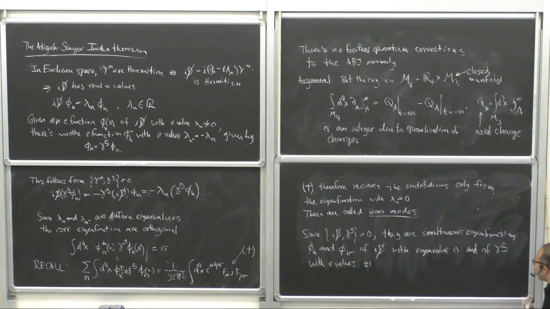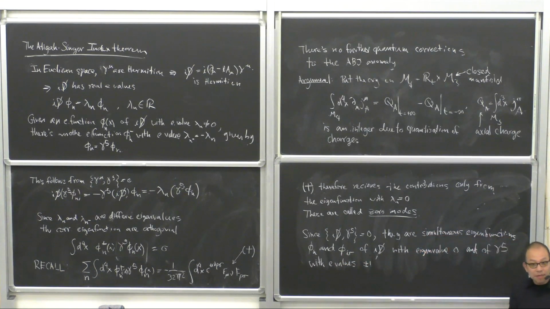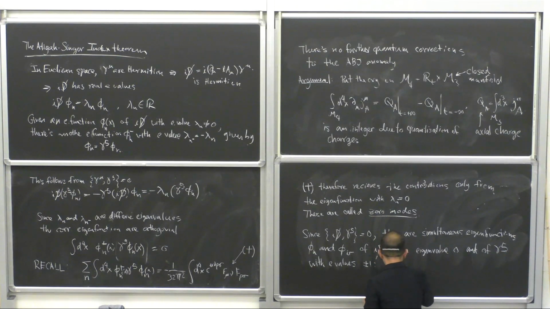So there are simultaneous eigenfunctions u and v of the Dirac operator and of gamma 5. For the Dirac operator, they have eigenvalue 0, but u and v have eigenvalues plus or minus 1. Let me write an equation. What I mean here is that if you hit u with iD-slash, you always get 0.